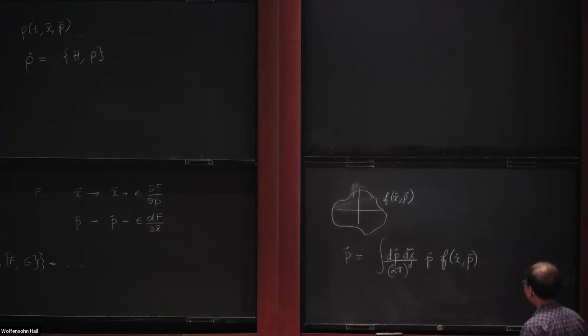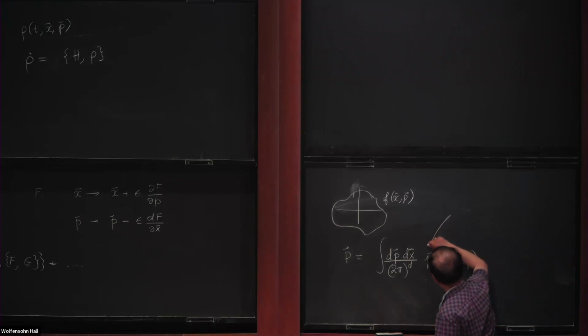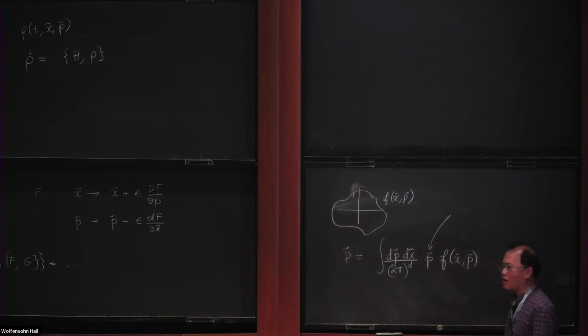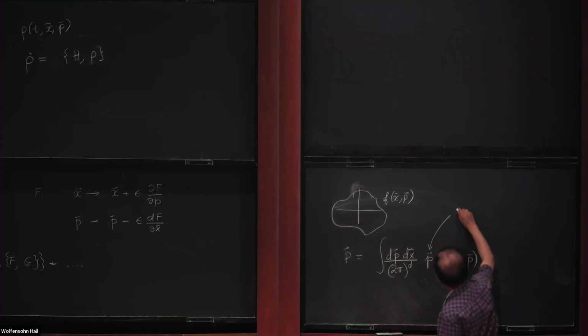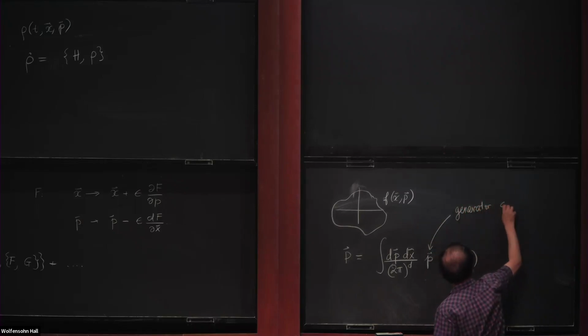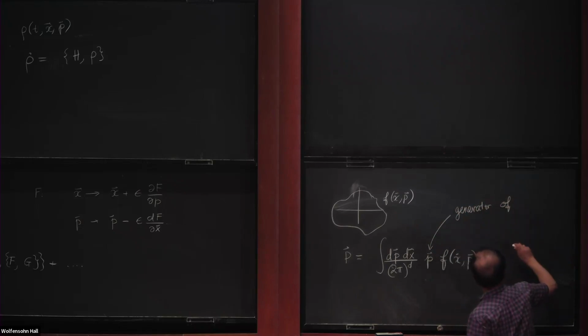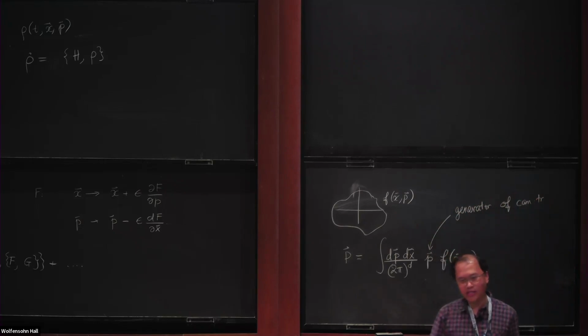Okay, so here I'm going to do the following. I'm going to interpret that p here as an element of the Lie algebra. So it's a generator of canonical transformation, of the algebra of canonical transformations. Any function of x and p is a generator, including this.